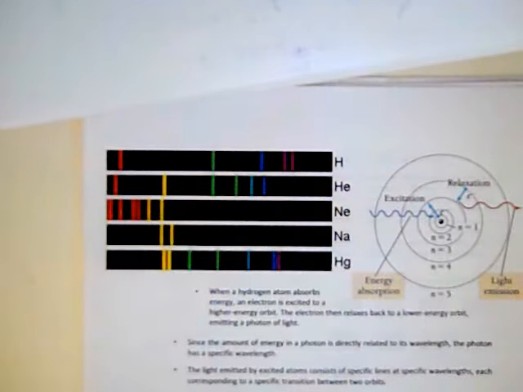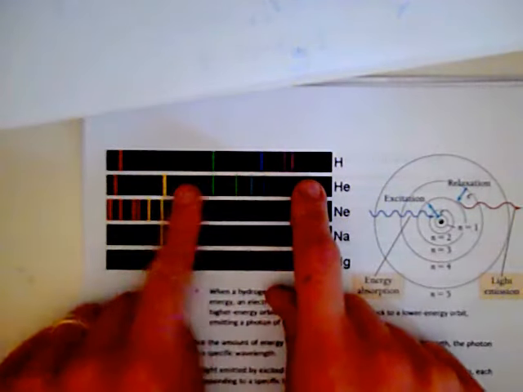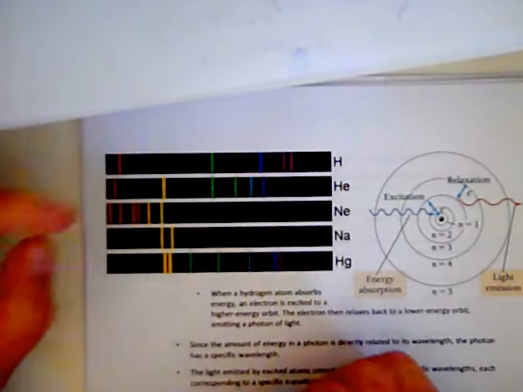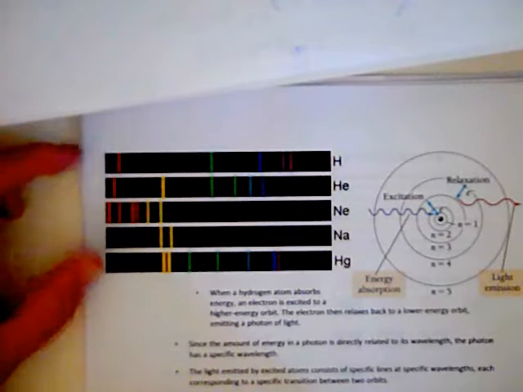An emission spectrum means all the different energies an electron can produce or give off for each element. And it's like the fingerprint of an element. Each element has a very unique emission spectrum. Sometimes you might have colors line up, like here between neon and sodium, and sometimes like hydrogen and helium, but they're never going to be exactly the same. Sometimes you'll have things in the red spectrum, but they're off just a little bit. So these always correspond to where the electrons are in an orbit, or orbital, we'll talk about later.